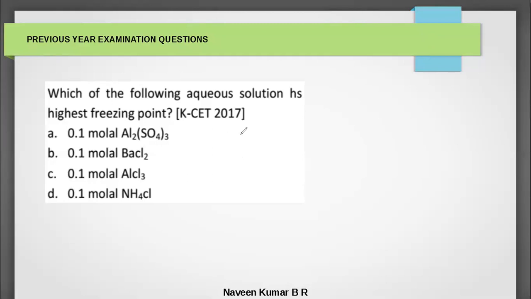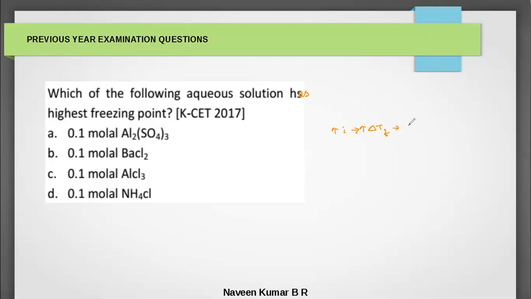The next question, again from Karnataka CET 2017: which of the following solutions has the highest freezing point? There is a typing error here, that is, it has the highest freezing point. We'll try to identify it. For delta TF, the higher the value of i, the higher will be the depression of freezing point.